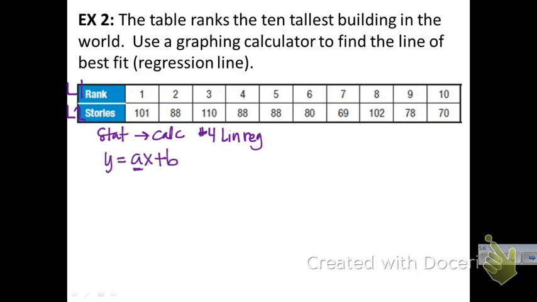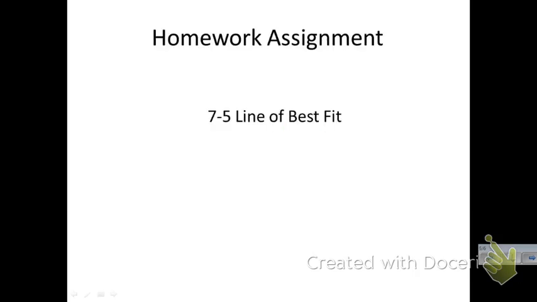And all we need to do is fill in those numbers that it also gives you below that. So y equals negative 2, let's round to the nearest hundredth, 0.75x plus 102.53. Once we are given this line, I'll then ask you to predict or make some conjectures about some other numbers, but that's as far as I need to get you through on this example. So your assignment is 7.5, line of best fit. Good luck.